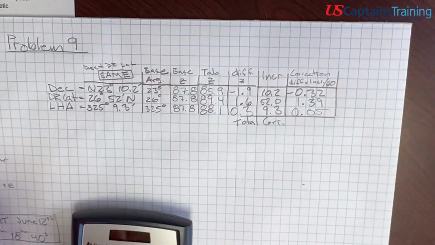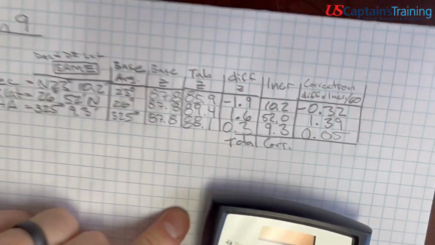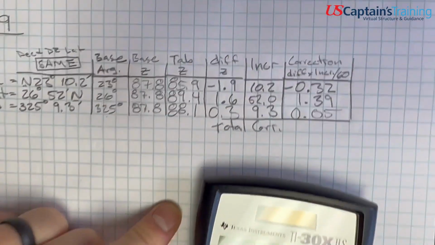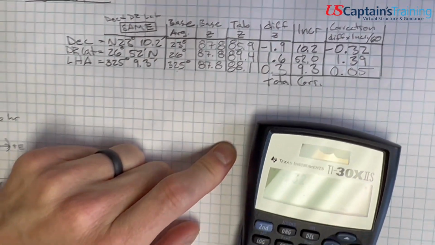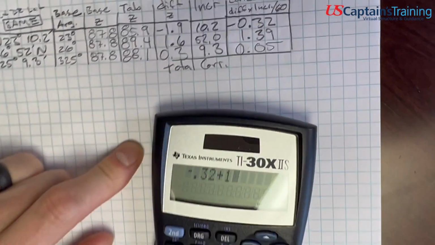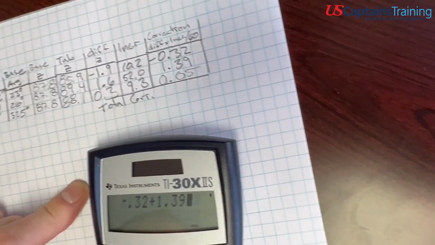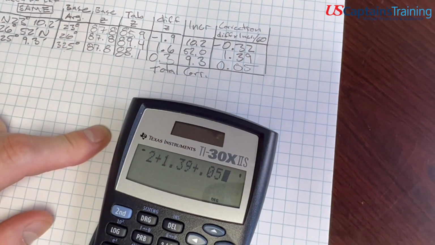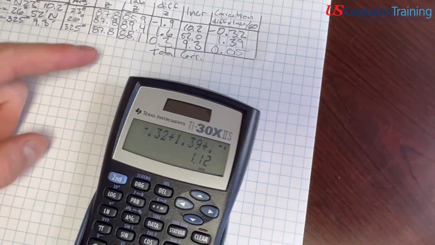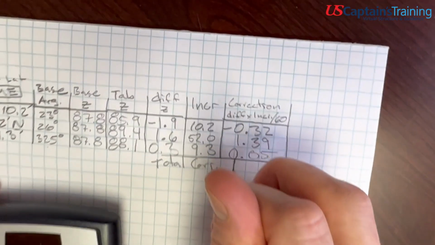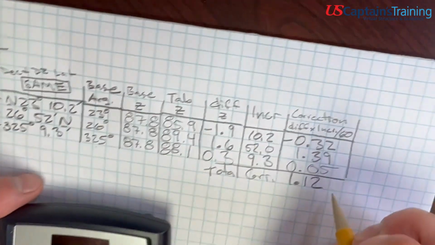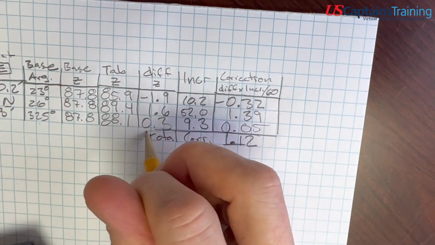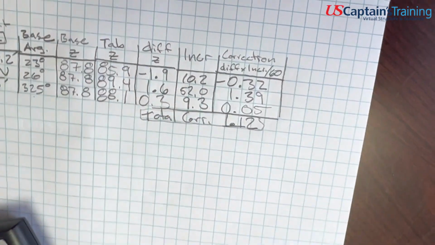Total correction by adding all these up. Negative 0.32 plus 1.39 plus 0.05 equals 1.12. So the correction is 1.12. We're just going to round it to 1.1. So here we have the total correction. We're getting there.